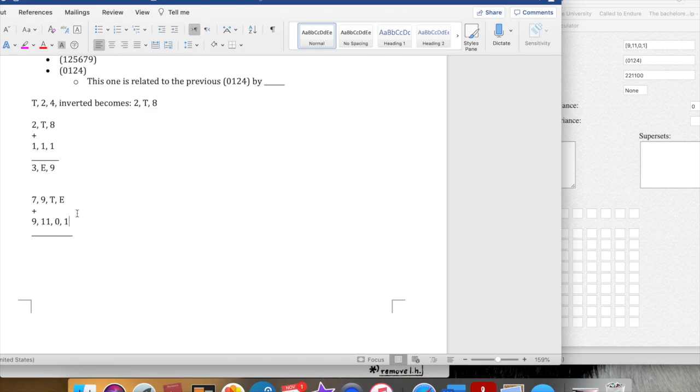Right? You can see how that's coming about. You end up with that. If you add 2 across the board, then you end up with 7 plus 2 is 9, 9 plus 2 is 11, 10 plus 2 is 12, which is 0, 11 plus 2 is 13, but mod 12, that would be 1.